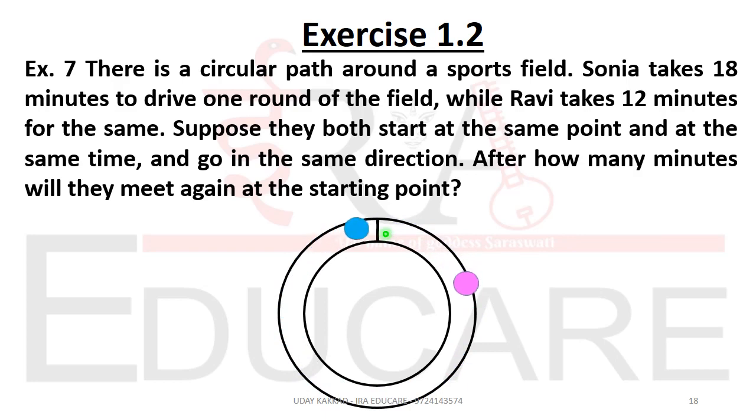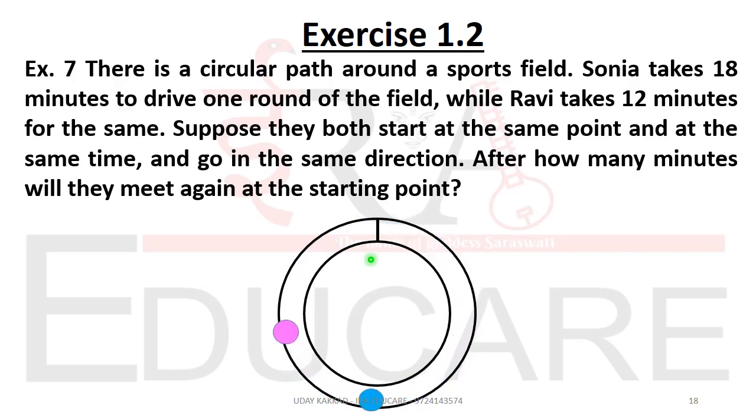Now we have to find after how many minutes they come together. Look, the balls will meet at the same time at some place, right? So how many minutes are required? Sonia takes 18 minutes to complete the round and Ravi takes 12 minutes to complete the round.